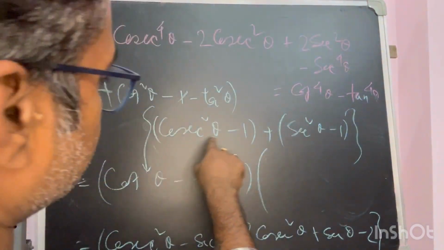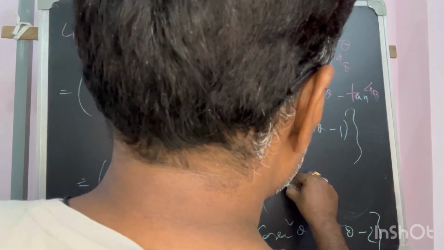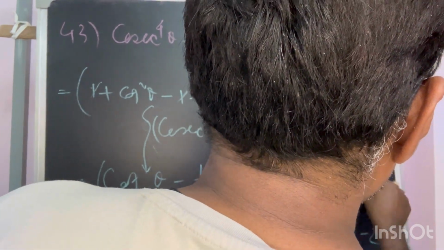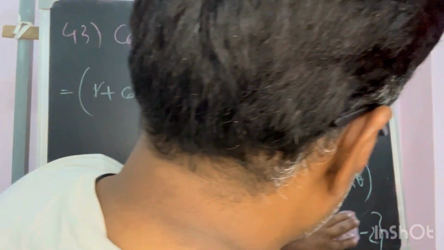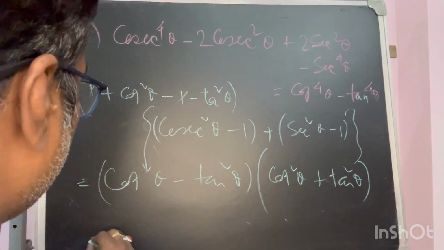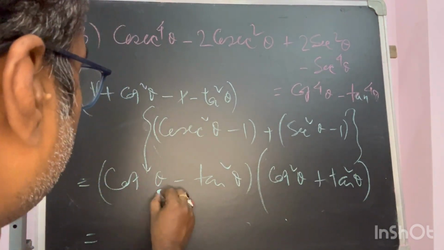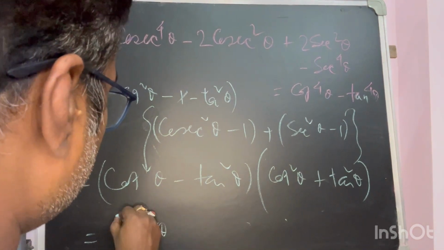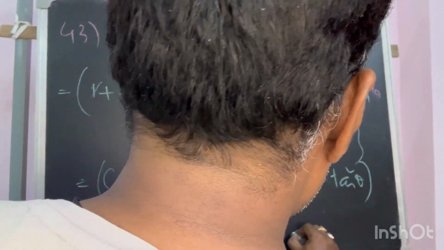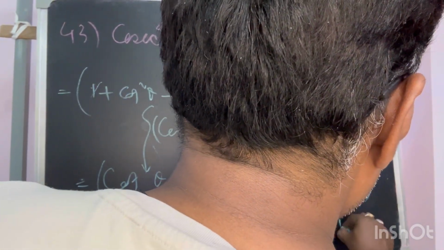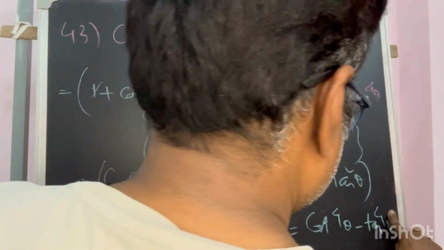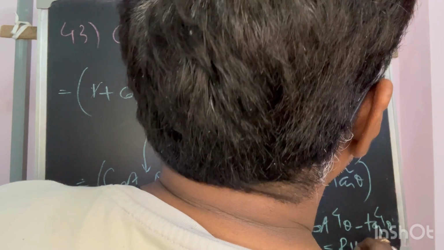Here cosec square theta minus 1 means cot square theta, and sec square theta minus 1 means plus tan square theta. This is again a minus b, a plus b, so that will turn into a square minus b square: cot square theta whole square minus tan square theta whole square, which is cot to the power 4 theta minus tan to the power 4 theta. Okay, so this is your right hand side.